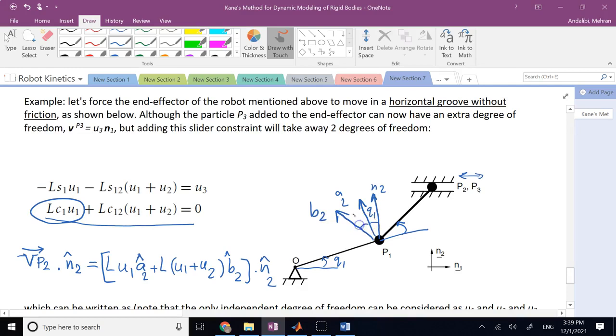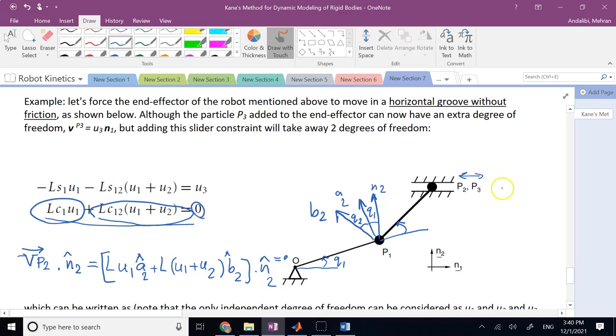And this angle is Q2. So the angle between B2 and N2 is Q1 plus Q2. So that dot product is going to become cosine of Q1 plus Q2, or C12, which you can see here. So this is your second term. So adding these together should be 0. And that gives you the bottom equation, the first constraint that you have.